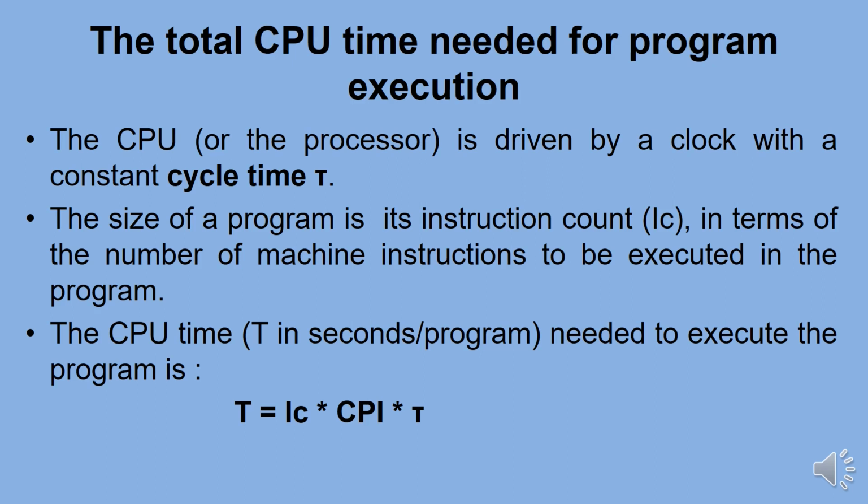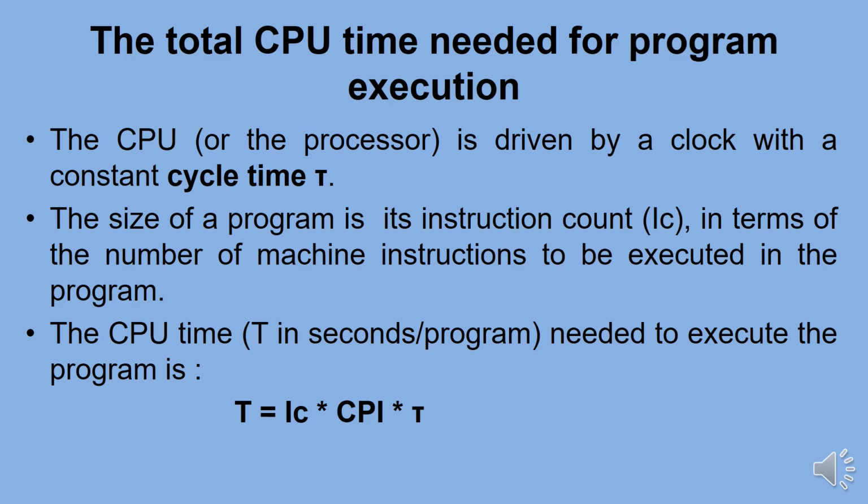The CPU is driven by a clock of constant cycle time tau. CPI, cycles per instruction. As different instructions require different cycles to execute, CPI will be taken as an average value for a given instruction set and a given program mix.